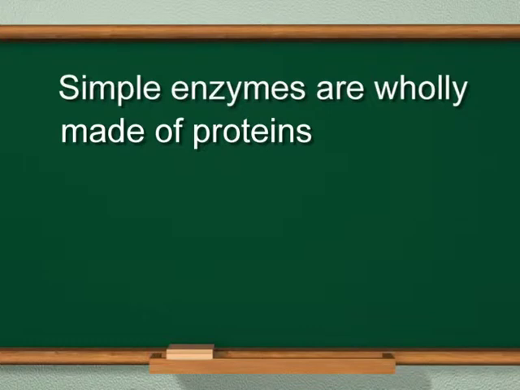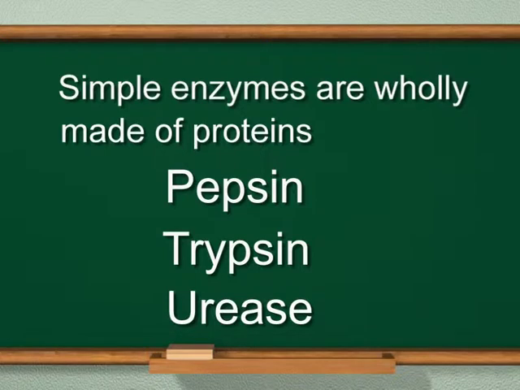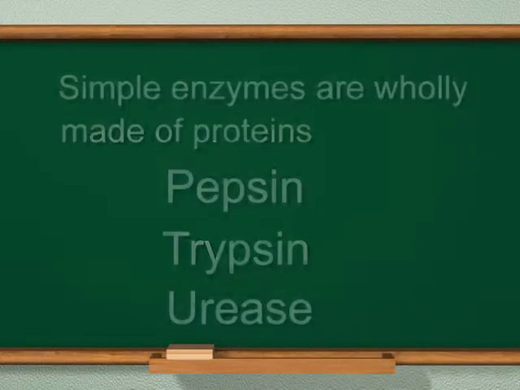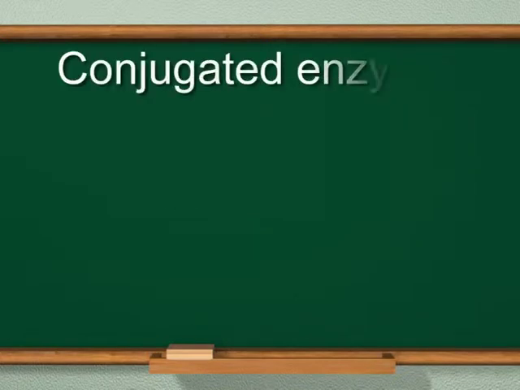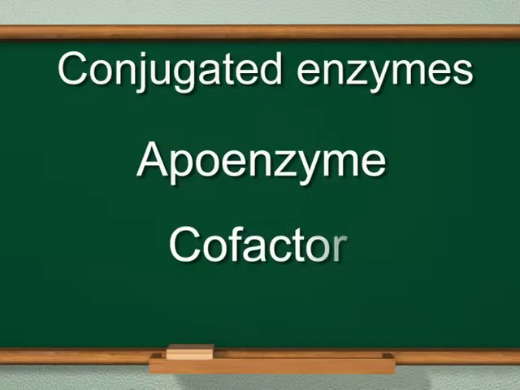For example, pepsin, trypsin, urease, etc. Conjugated enzymes consist of two parts, a protein part called apoenzyme and a non-protein part called cofactor.